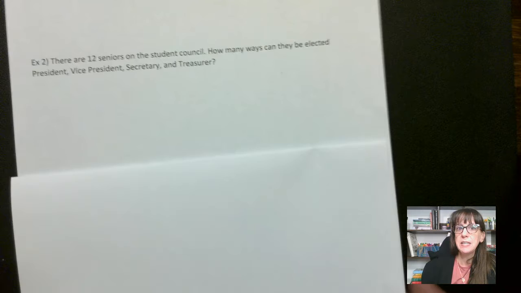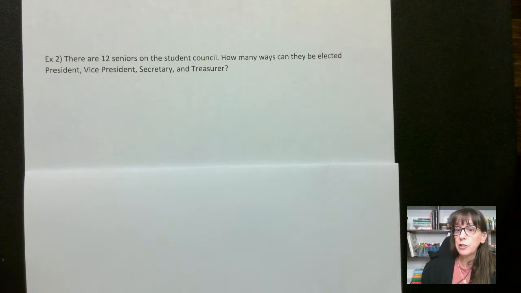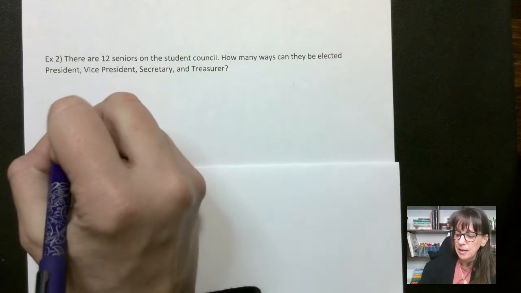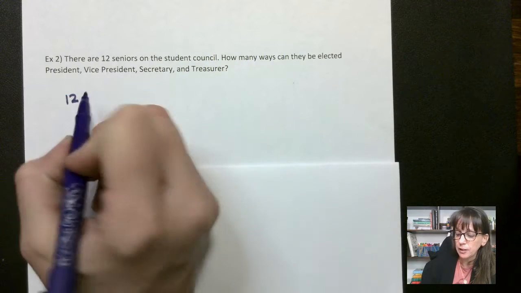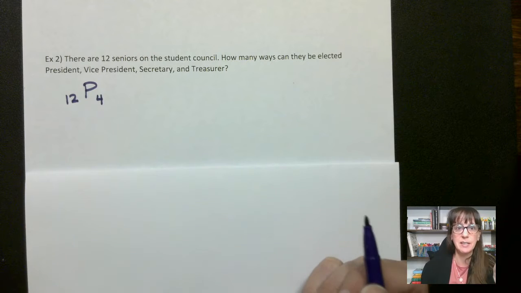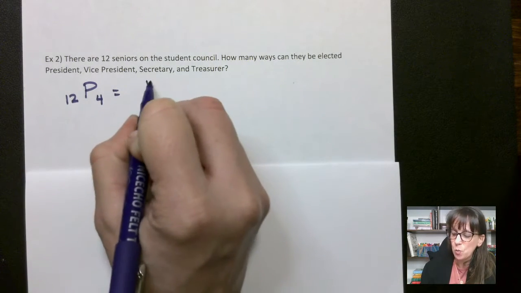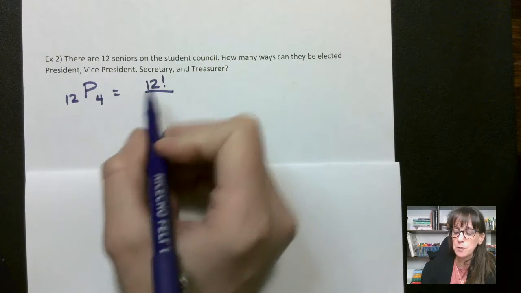All right, there are 12 seniors on student council. How many ways can they be selected: president, vice president, secretary, and treasurer? Now, these positions are unique, which means the order matters. This is another permutation. We have 12 seniors and we have 4 open spots: president, vice president, secretary, and treasurer. Okay, so that's going to give us 12 factorial, and then we find the difference between the two.